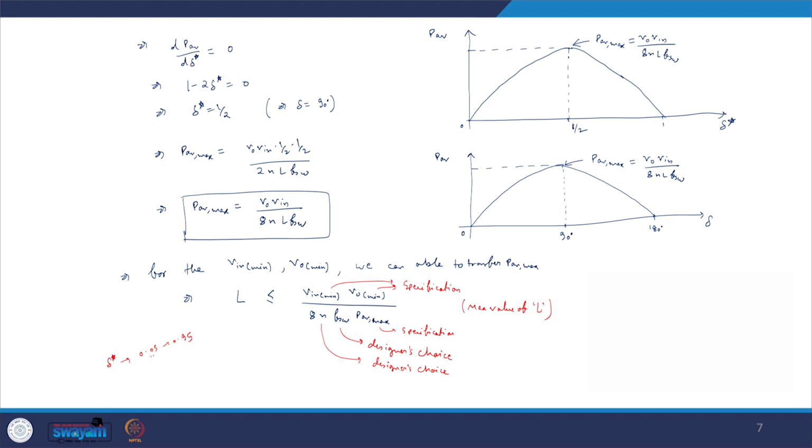So this range can also be taken, and depending upon the required amount of power to be transferred from input to output side, with this range of delta one can also decide the minimum value of L needed to allow the required power transfer from input to output side. So this is how one can select the inductance which is used to facilitate the required power transfer from one side to the other side.